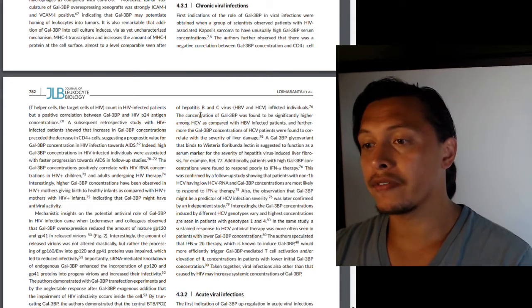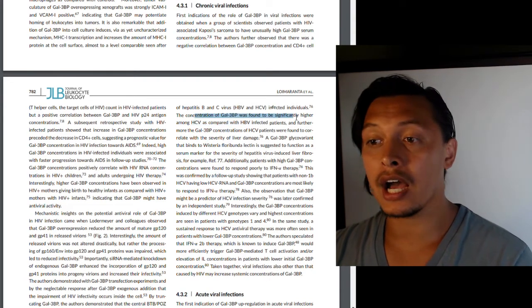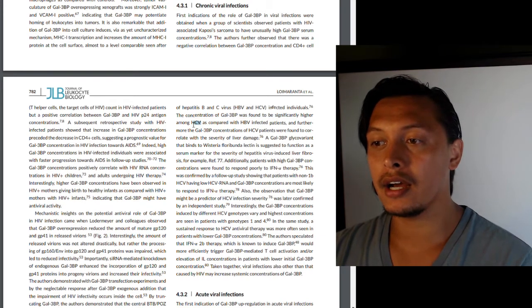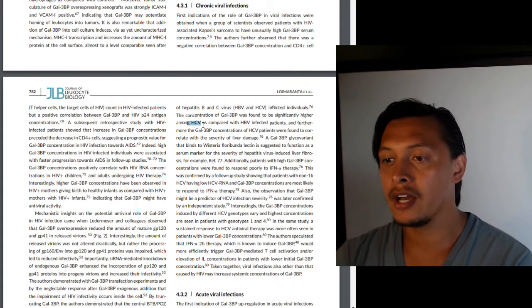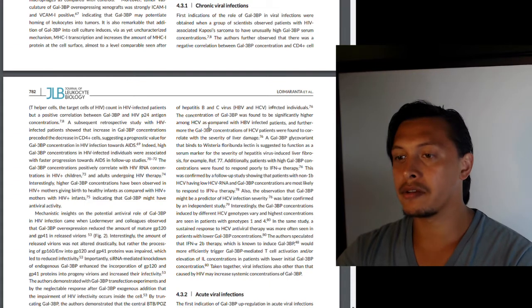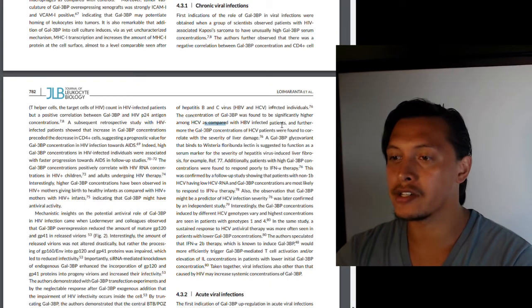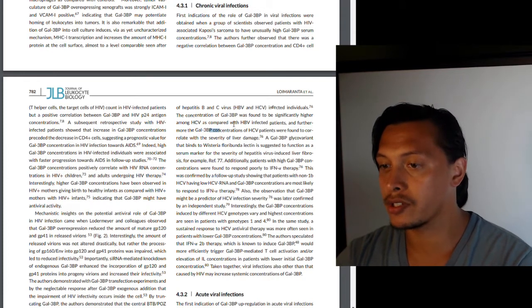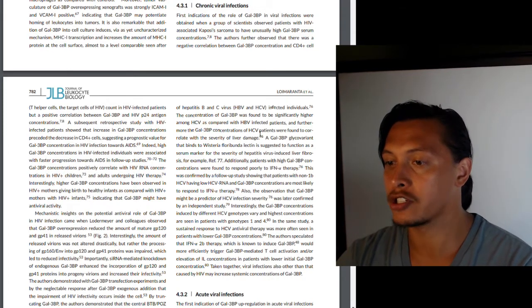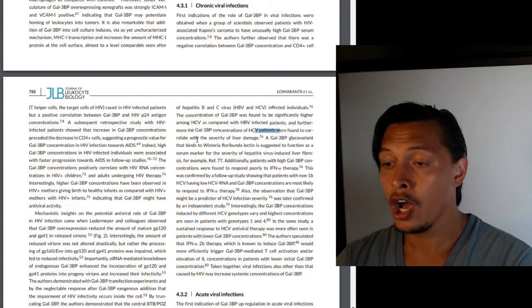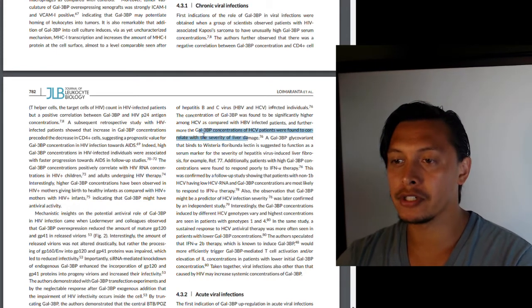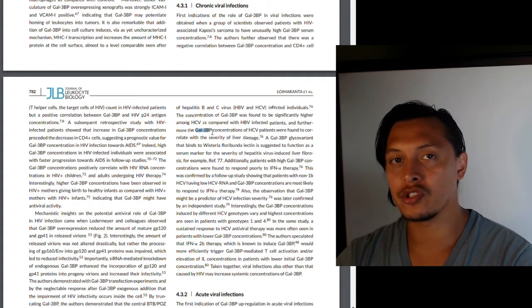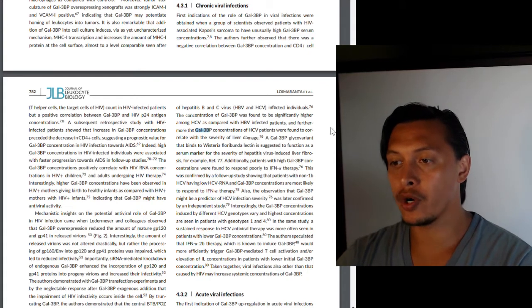The concentration of Gal3BP was found to be significantly higher among HCV, hepatitis C, as compared with hepatitis B infected patients. And furthermore, the galectin-3 binding protein concentrations of hepatitis C patients were found to correlate with severity of liver damage. So the higher the galectin-3 binding protein concentrations you had, the more liver damage you had.